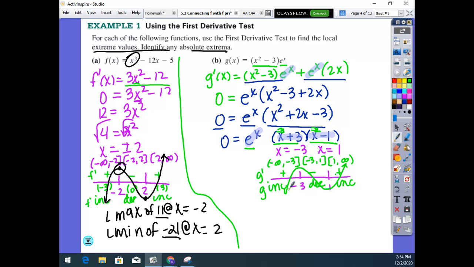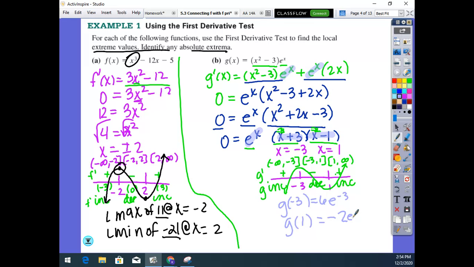Okay. So we need to plug in -3 and 1. If I plug -3 in up here, -3 squared is 9 minus 3 is 6e to the -3. When I plug in 1, I get -2e.